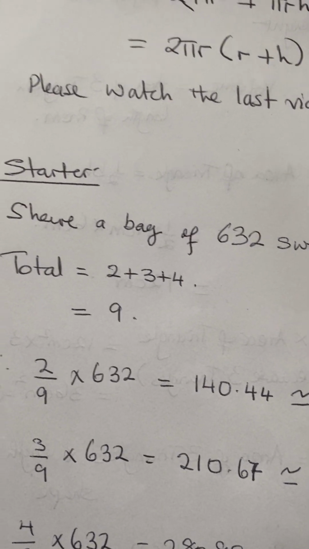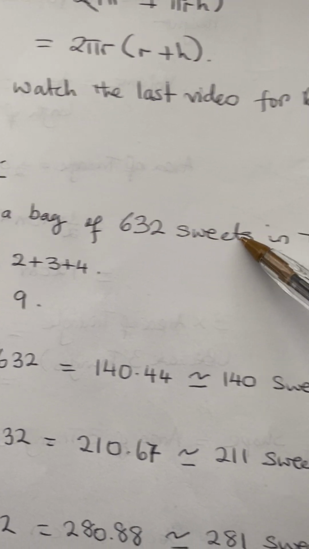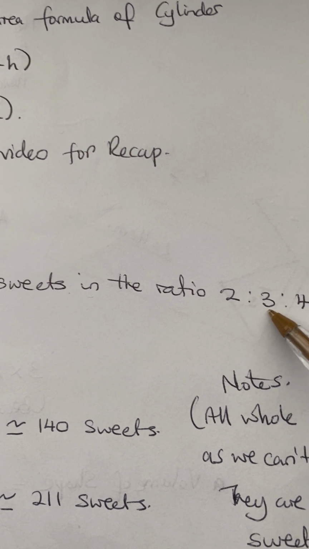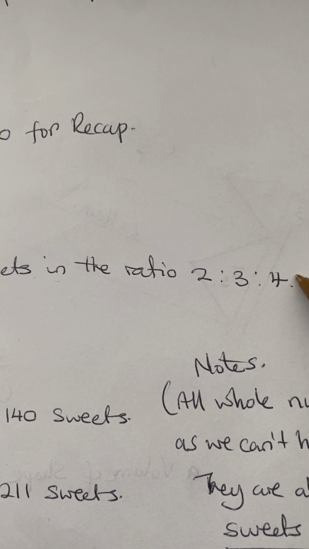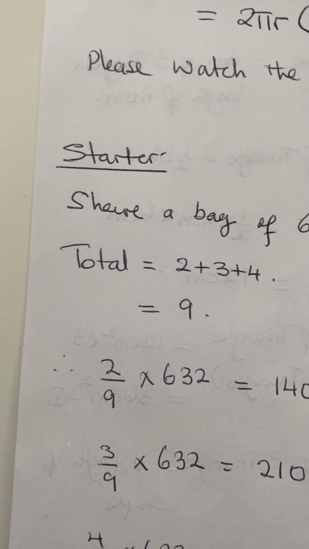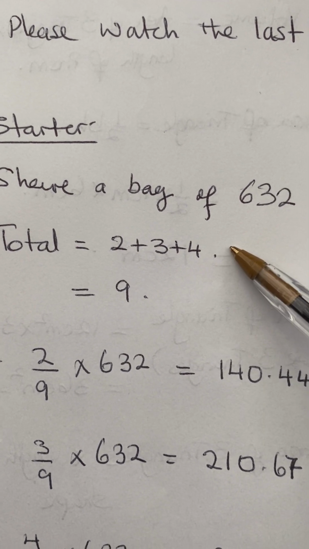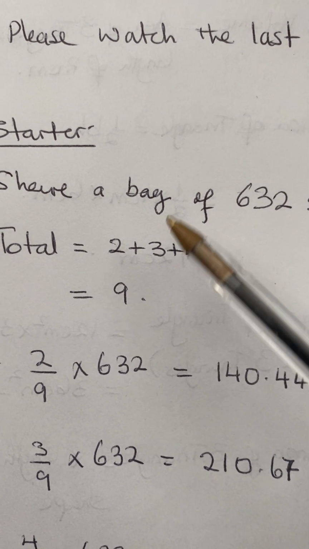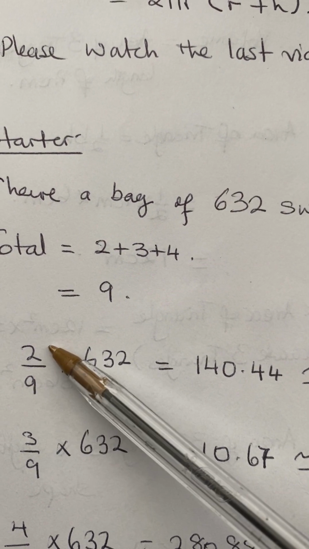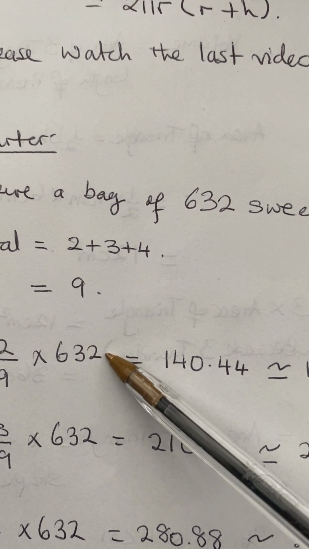Now the starter: share a bag of 632 sweets in the ratio of 2:3:4. So this is another ratio question. Now the total is 2 add 3 add 4, which is 9. So to get 2 portions of this is 2 out of 9 times 632.